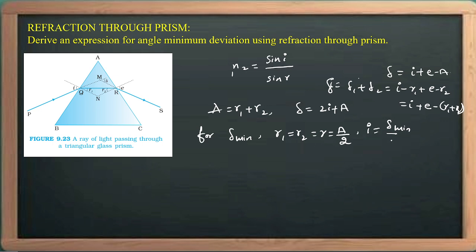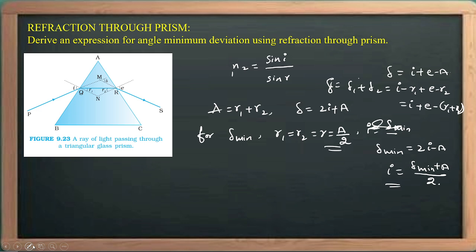At minimum deviation, delta minimum is equal to 2I minus A. Therefore I is equal to delta minimum plus A divided by 2, and R is equal to A divided by 2.